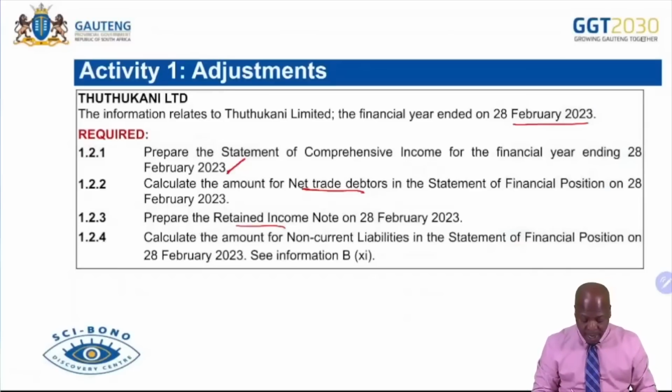And then we will also calculate the non-current liabilities in the statement of financial position. There is an interesting adjustment on the loan, and I want to do this with you. So if you also have problems with loan adjustments, I think I'm going to do about 2 loan adjustments with you today. Please follow through so that I can assist you with these adjustments.